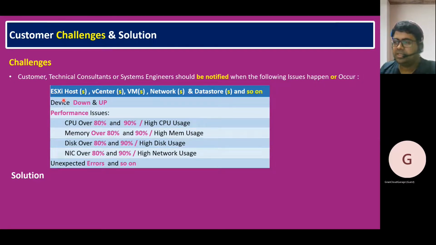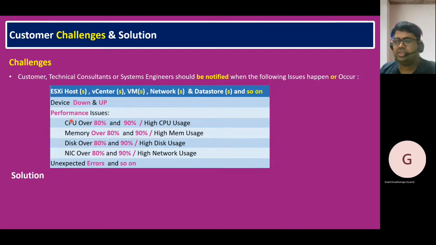Any item we can consider as a device: the virtual machine, a network device, and a data store device. For any down scenario, we require a notification. That's the reason I highlighted here that customers, technical consultants, or system engineers should be notified when the following issues occur.